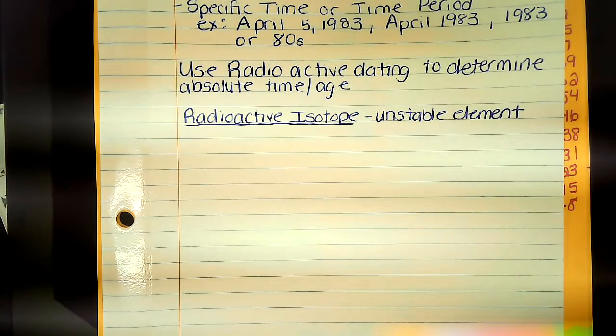When I say unstable, like if I was to talk about someone being unstable, what might you be thinking of that person? Okay, they don't have good balance. Unpredictable, very reactive.